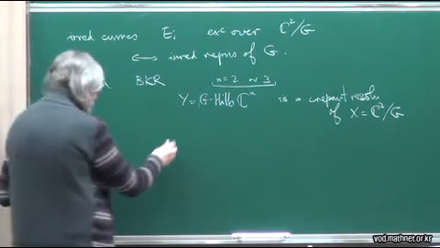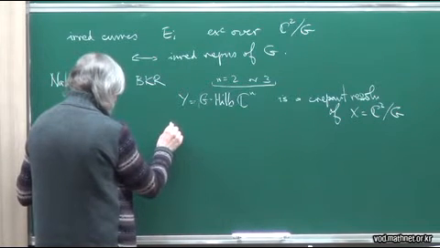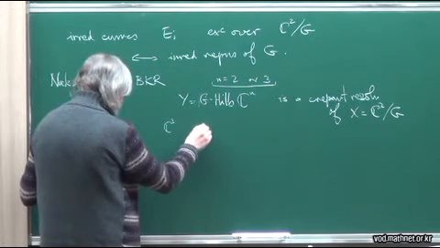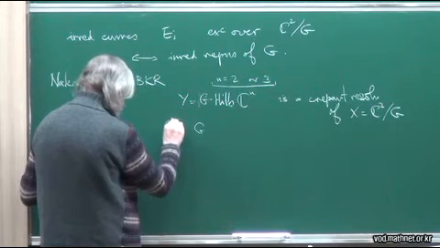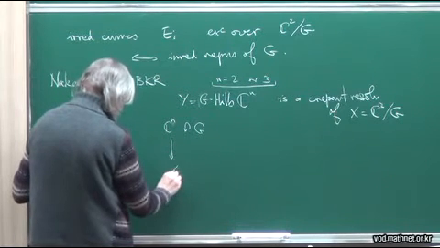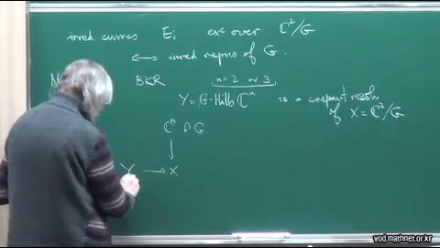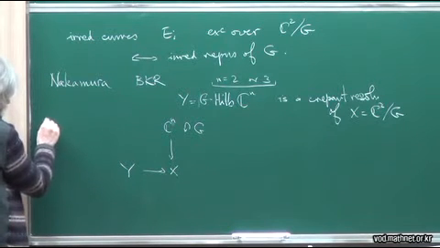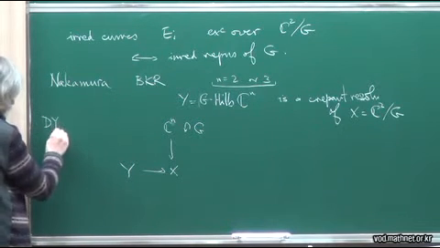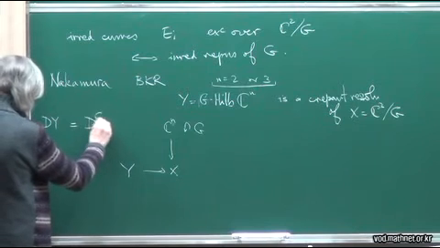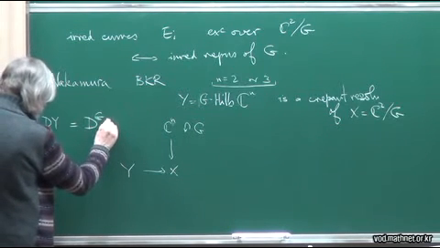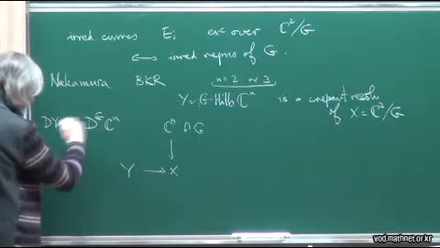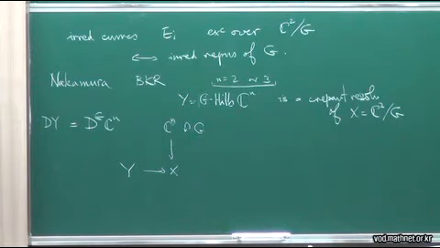Okay, and then there's this result that, I have C3 with the group action, and I have this X and I have this Y, and then we have the result that the derived category of Y and the derived category of G-equivariant sheaves on Cn are equivalent categories.